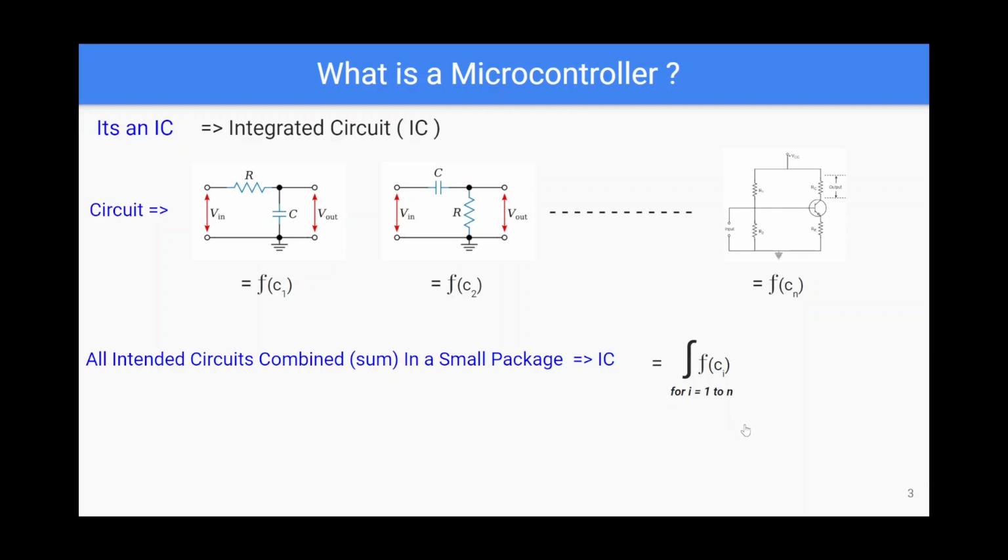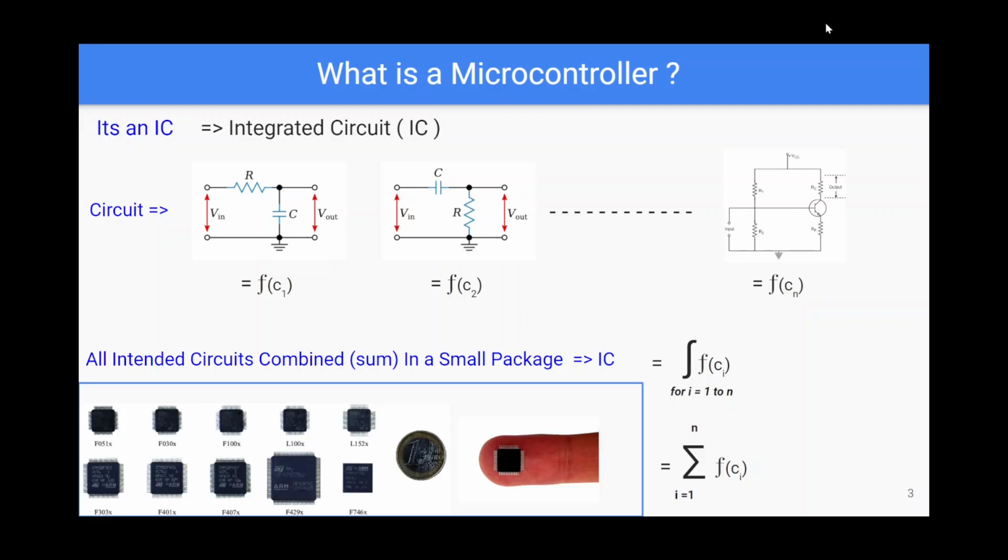Mathematically we can represent it like this, or we can also use a summing symbol to combine these circuits in one package. To do that, we use what we call IC manufacturing technology. That's how these ICs look, and most of these are surface mount ICs.